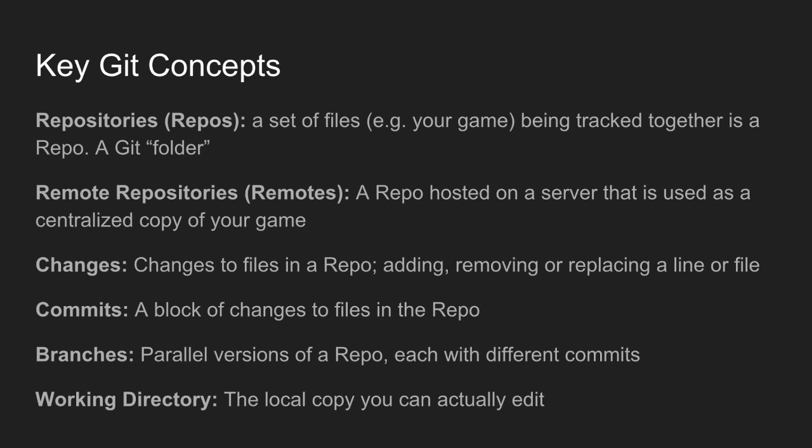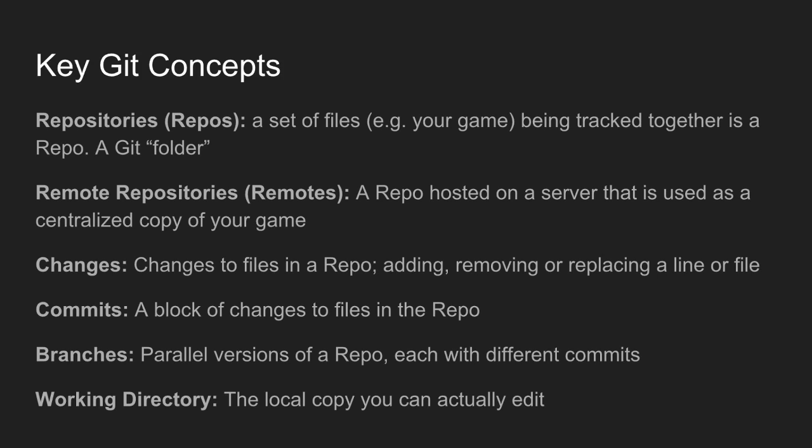And then the last thing you kind of need to understand is this idea of your working directory, which is the actual folder you're going to have on your computer that has a copy of all the files out of the repo and that you can change and that you can work on. And that's really how you edit the repository, is by editing your working directory.